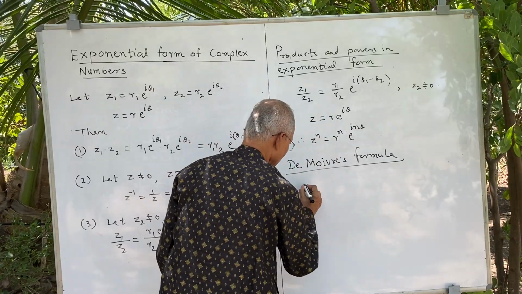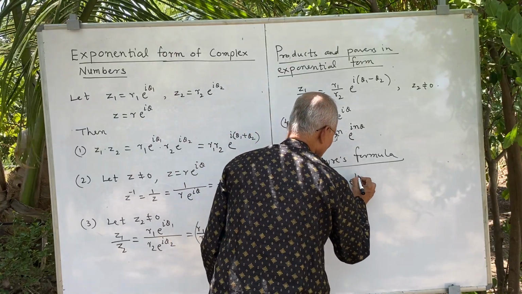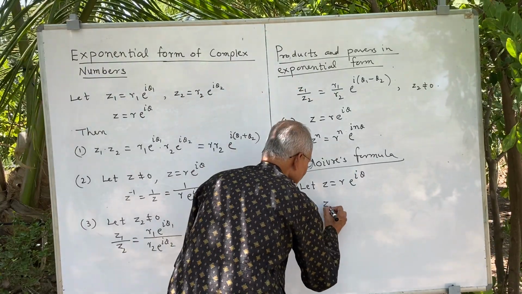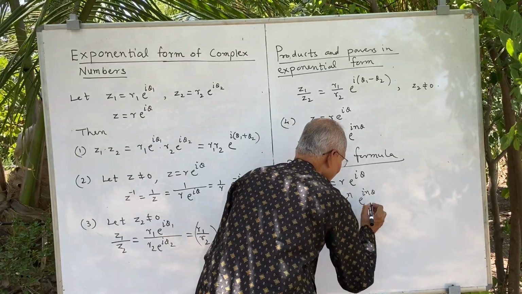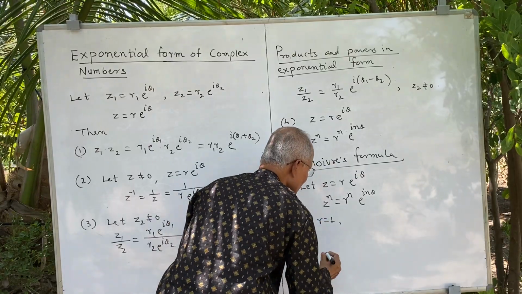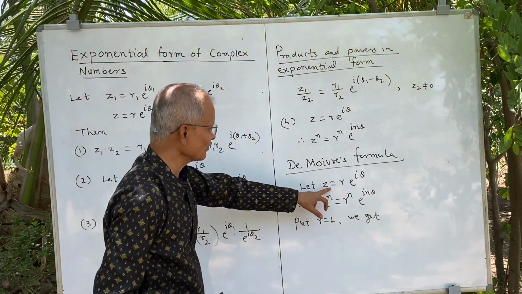Let z is equal to r e power i theta, then z raised to n is equal to r raised to n e power i n theta. Put r is equal to 1, we get, now if you put r is equal to 1, what is the value of z?